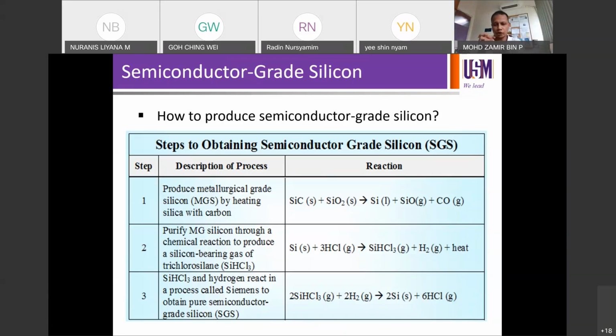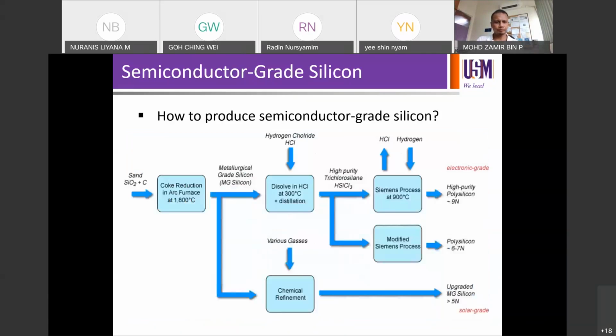This is the key process in the conversion. The trichlorosilane is going to be reacted with hydrogen gas to produce silicon and HCl. This is called the Siemens process, which produces semiconductor grade silicon, right? So you have to be well versed with these 3 processes.